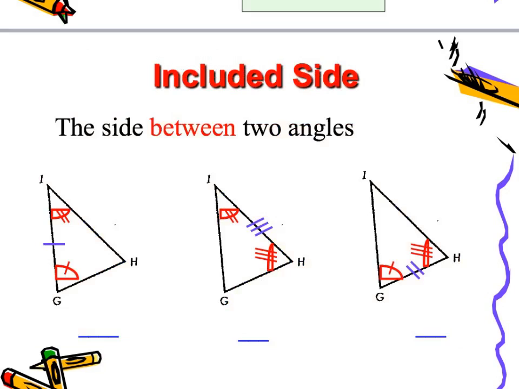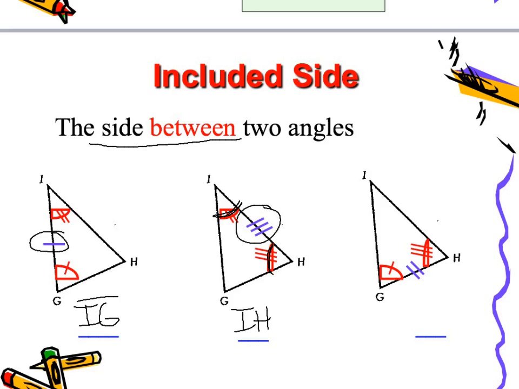Again, to practice that, to make sure that we get it, the included side is between two angles. Here, our angles are I and G, and your side would then be IG. That's your included side. In the next one, our angles are I and H. What is the side that's in between those two?